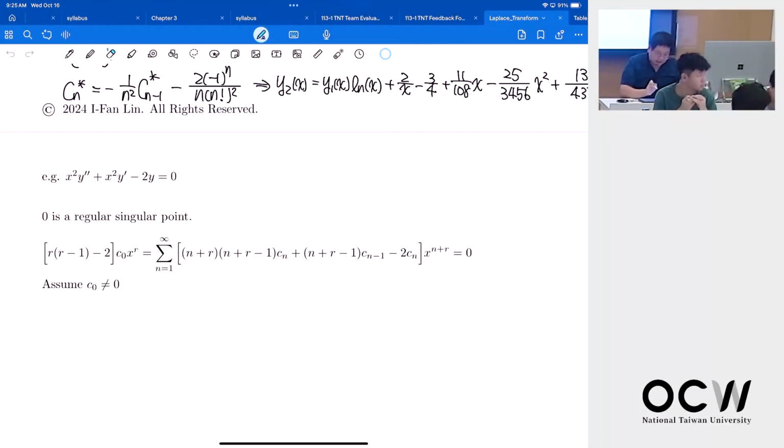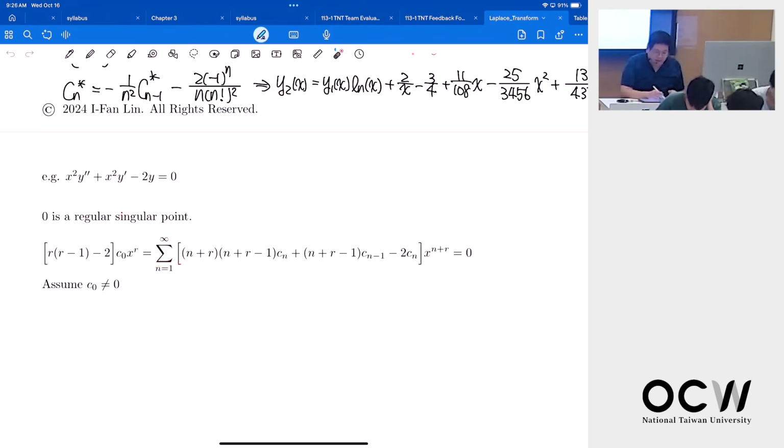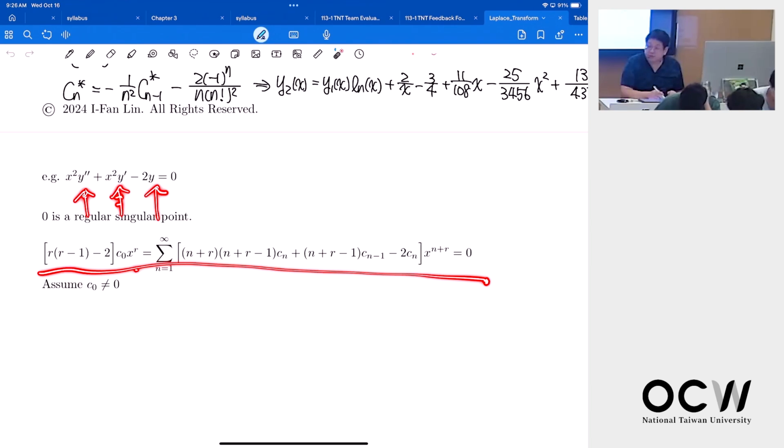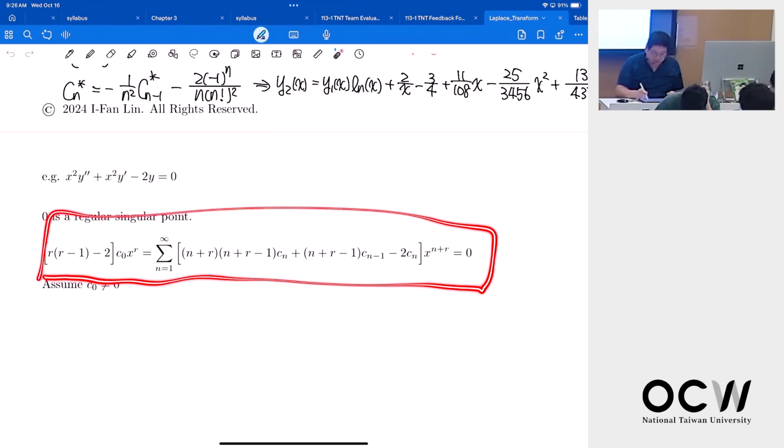Once you bring it back to the original equation, you should have this equation. At home, you can try to plug it back into the original differential equation and simplify it to see if you can get this equation. If not, then ask the TA or me.